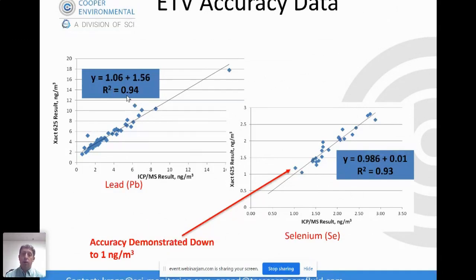And then an R squared of 0.94, indicating very tight agreement, very good precision in that relationship between the two methods. And then here for selenium, we have a slope of 0.986 or almost 0.99, and R squared of 0.93. And in this case, I think it's very interesting to point out that we're seeing very good accuracy down to the level of a nanogram per cubic meter. These are the levels that were present in the airshed that we were sampling.